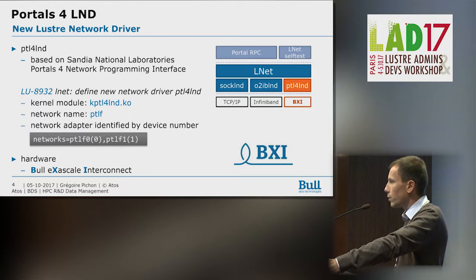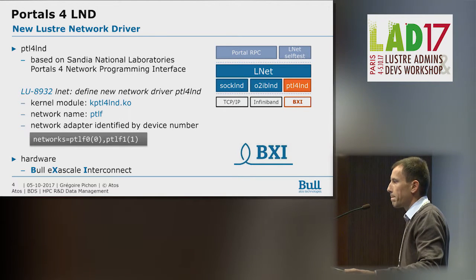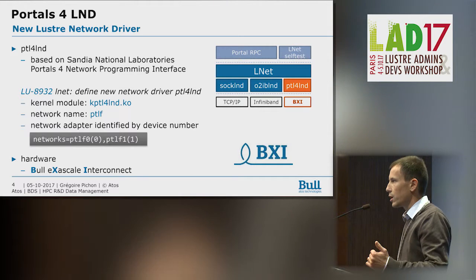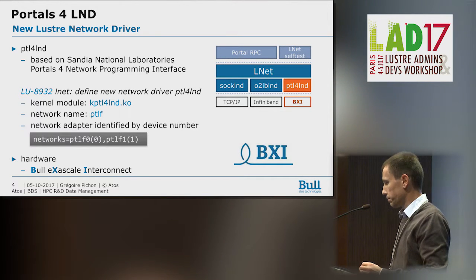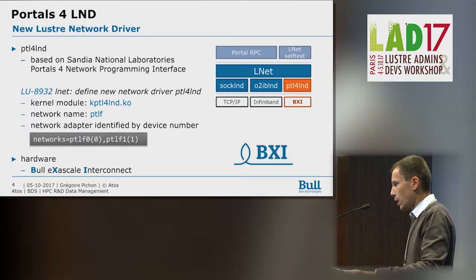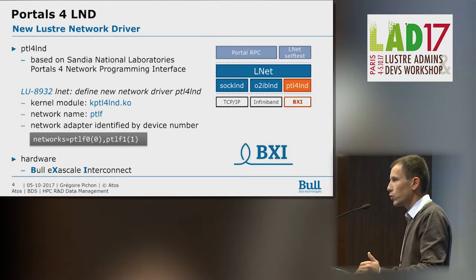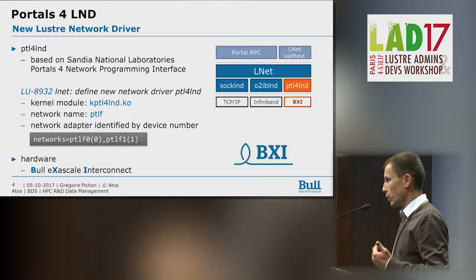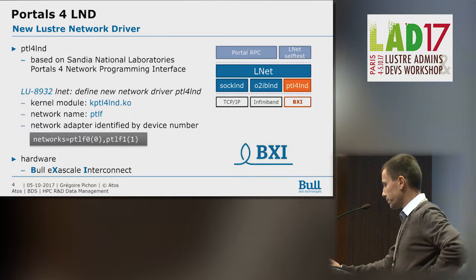In that kind of network, the adapter is identified with its device number, contrary to SOCKLND or IB LND, where the identification is made with an IP address. And we got an implementation of the Portals4 specification with a Bull exascale interconnect hardware, which is the new hardware we provide to our customers.